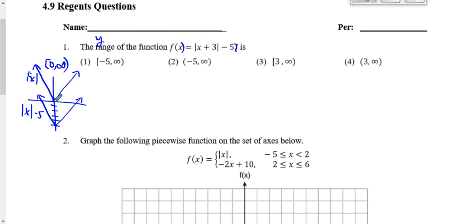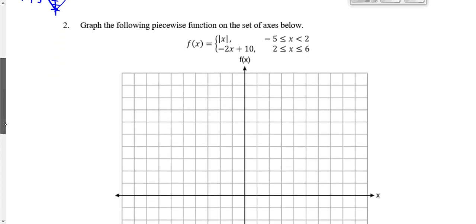So which of these two is it, choice 1 or choice 2? Why 1 and not 2? Because we know 5 is actually part of it, right? This means that you only go down to -4.9999999, right? So it's choice 1. Okay, so that's the range.